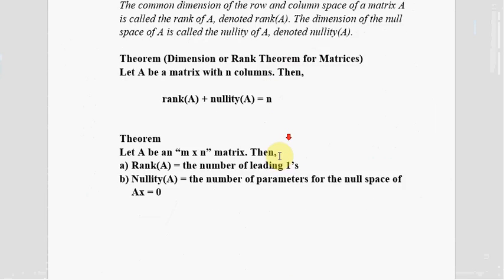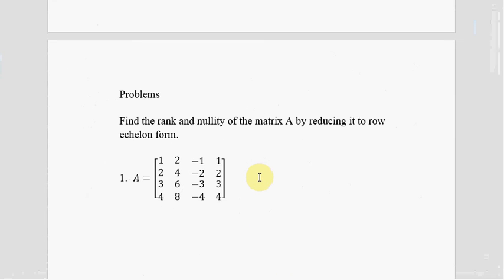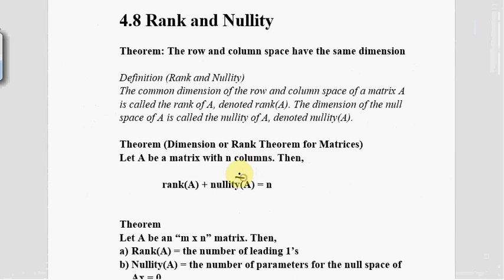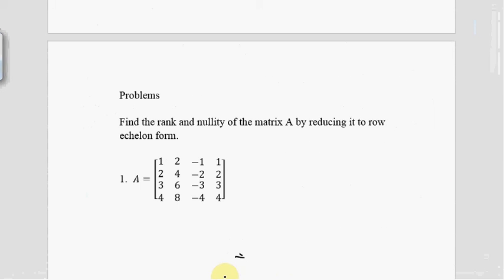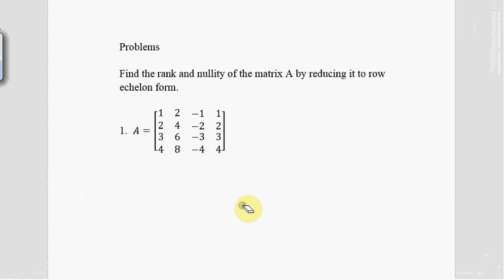So just one problem, and I got it on the calculator, so it's already done. Here the question is, find the rank and nullity of the matrix A by reducing it to echelon form. All you do is take the matrix, reduce it to echelon form, and you get the answer. I took this matrix, I reduced it down, and all you get is this.